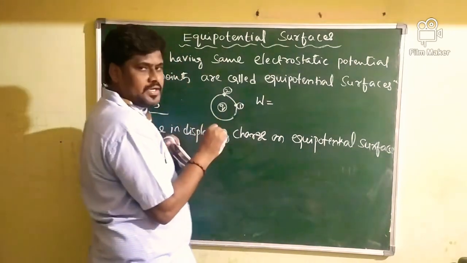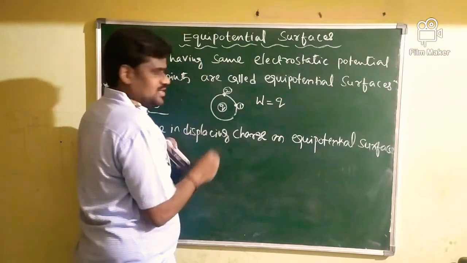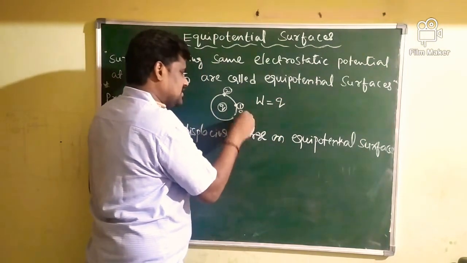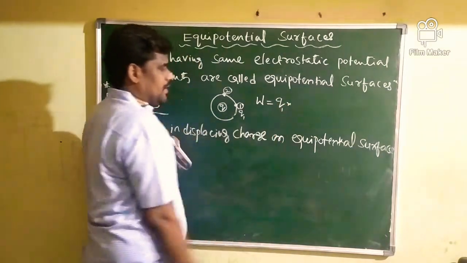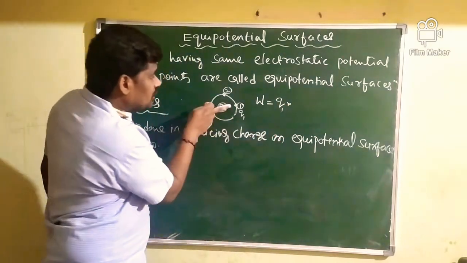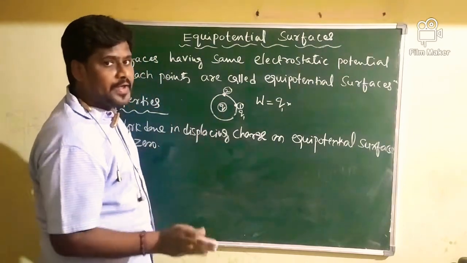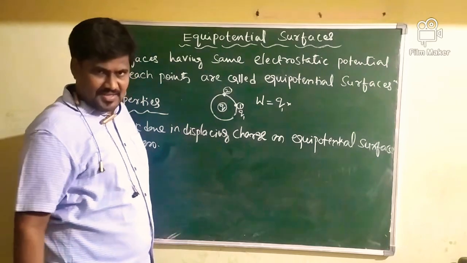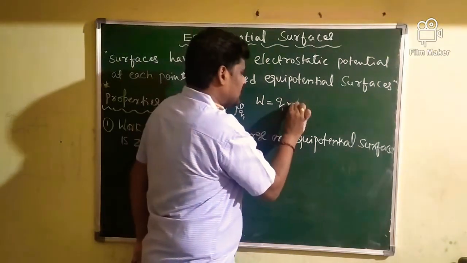The work done is given by the charge you are displacing, say Q1, multiplied by the potential difference between the 2 points: Q1 times dV.